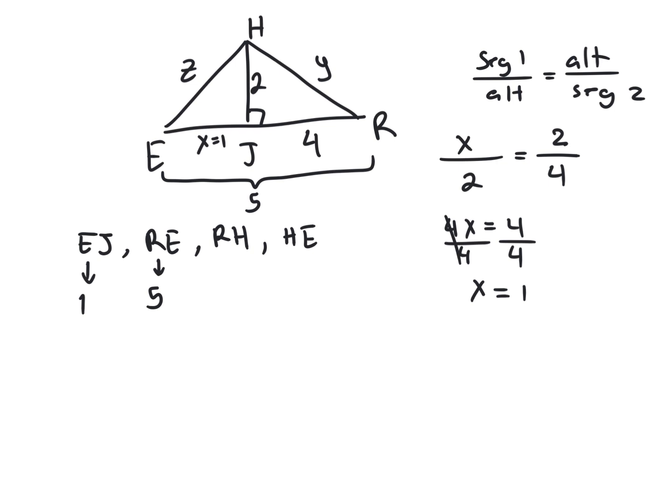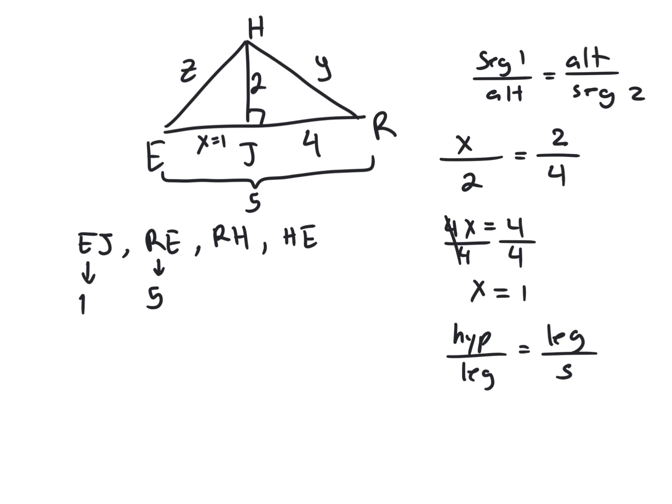Now I'm going to have to use the hypotenuse over leg equals leg over the segment that's adjacent to the leg. I'm just going to call it S. I'm going to solve for y first because it's RH and it's next on the list.